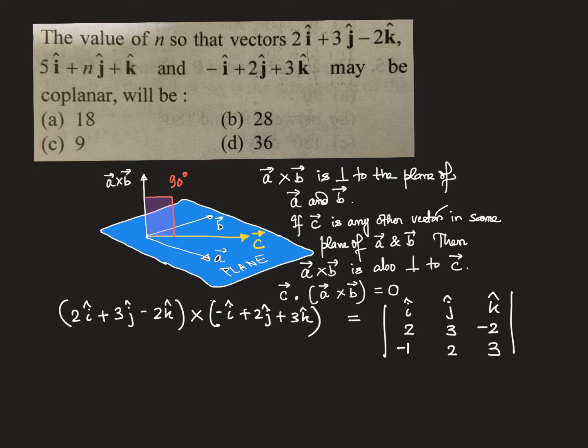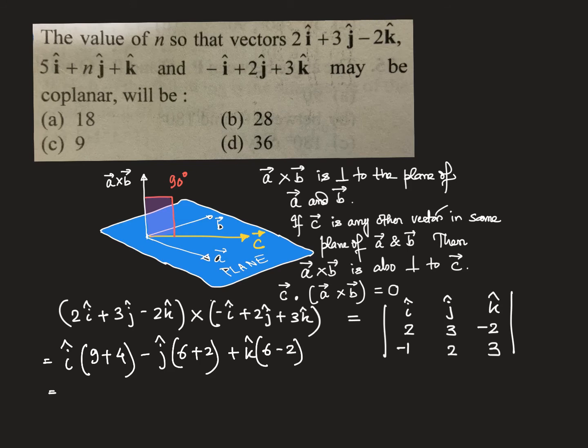So I'll choose the cross product of these two, 2i plus 3j minus 2k and minus i plus 2j plus 3k. So we'll evaluate the cross product. i multiplied by 3 into 3, 9, minus means plus 4, then minus j cap into 2 into 3, 6, plus 2, now plus k cap multiplied by 2 into 3, 6 minus 2.